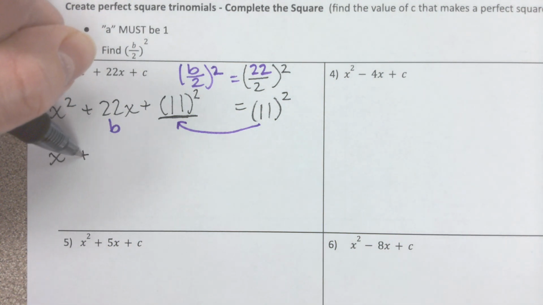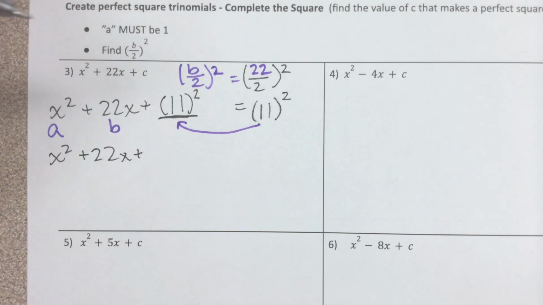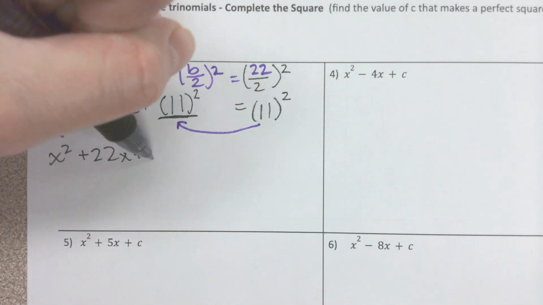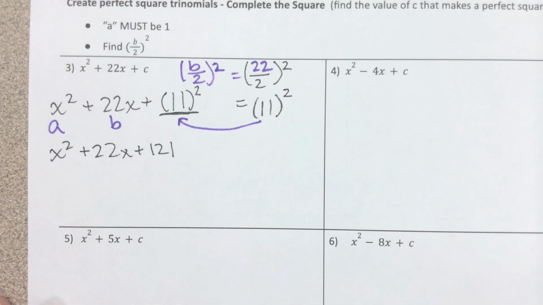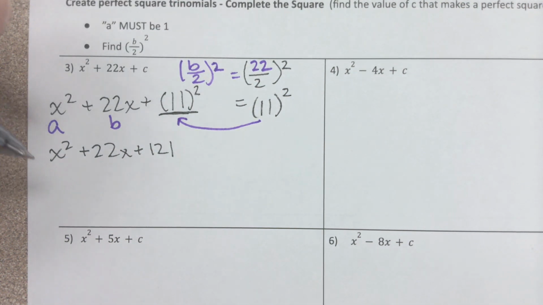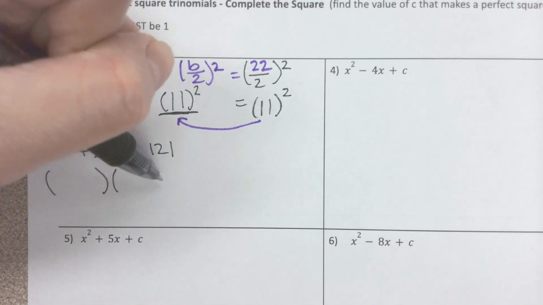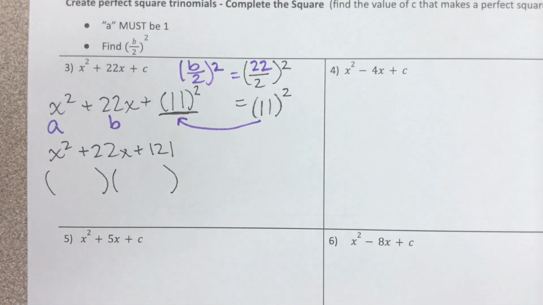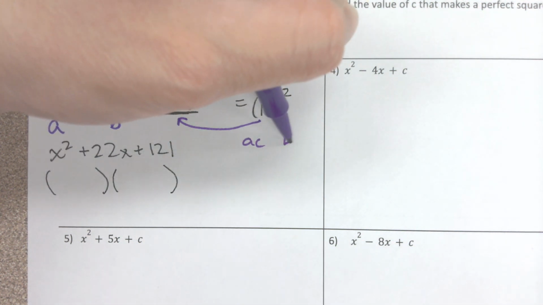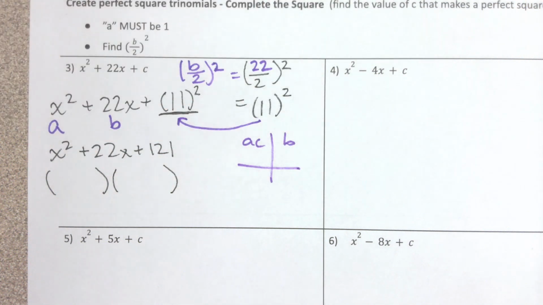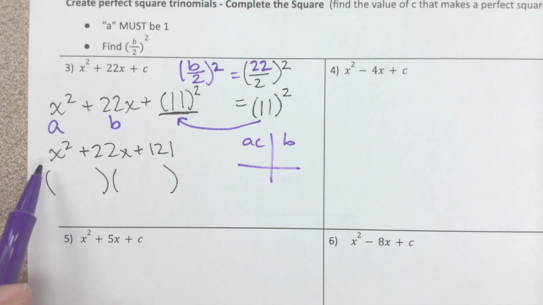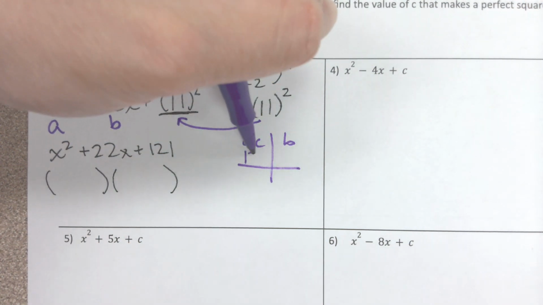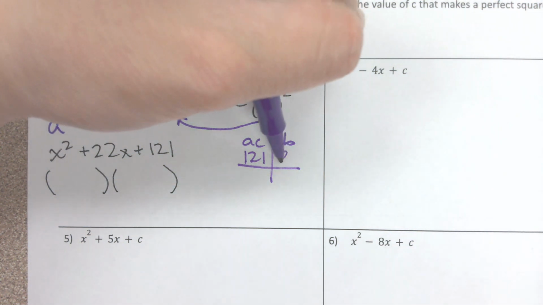Next, I'll write it as x squared plus 22x plus what this is. This is 121. And then we're going to factor it. ACB chart. A is 1, so C, 121. And B is 22.